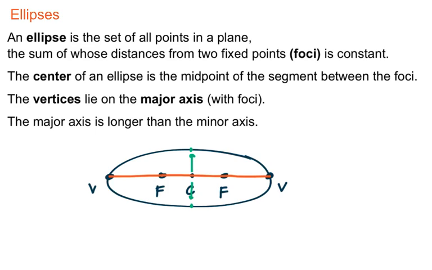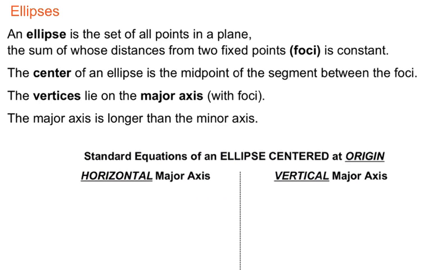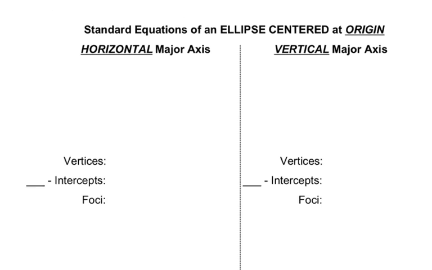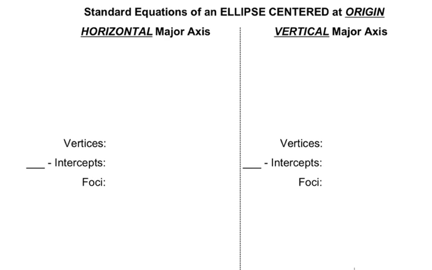Now let's talk about our definitions for defining and writing the equations of ellipses when they're centered at the origin. And then coming up, we'll talk about the transformation versions. So here, we're going to look at the standard equations for ellipses centered at the origin. One has a horizontal major axis, the other has a vertical major axis.